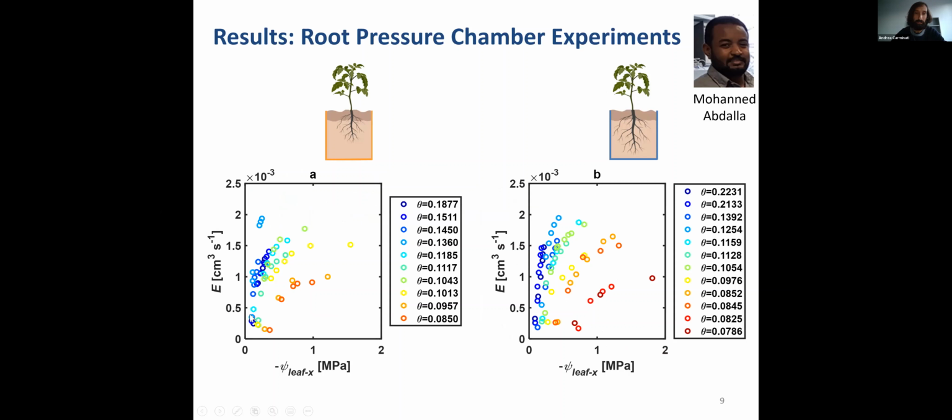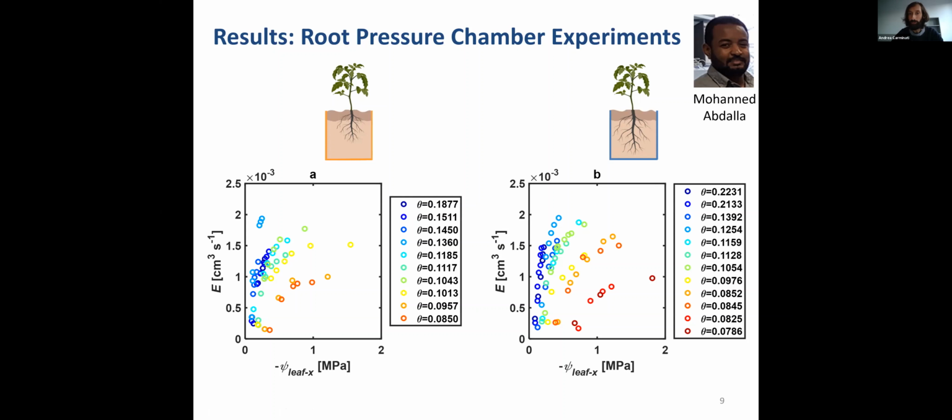And what you're seeing is that as the soil dries, these curves become more and more linear. And you have some difference between the short and the long root system. You see that the long root system tends to maintain the curve a bit more linear, so you can sustain a higher transpiration at a more negative leaf water potential. So this was what was expected.